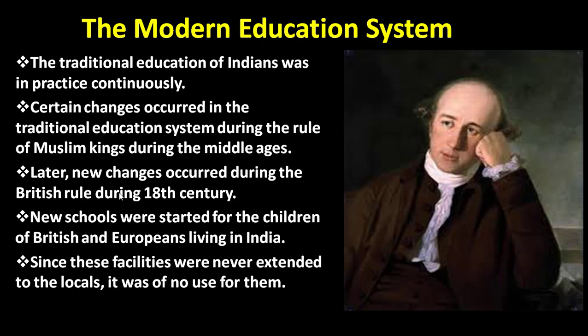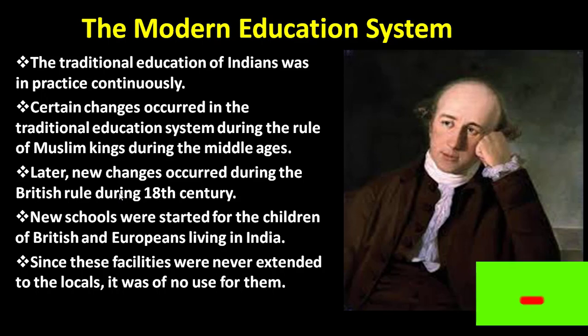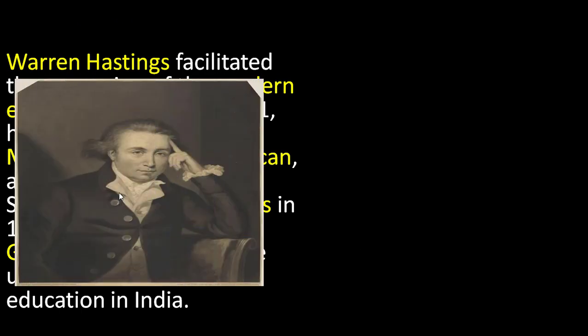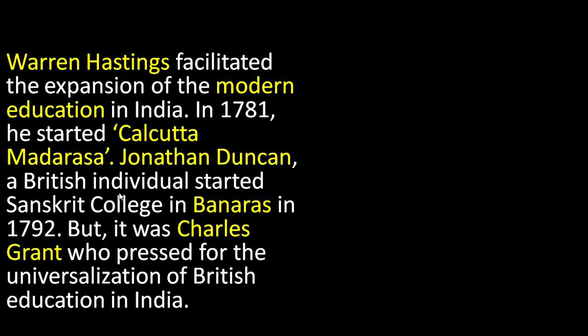New schools were started for the children of British and Europeans living in India, since these facilities were never extended to the locals. It was of no use to them. Among that, Warren Hastings facilitated the expansion of modern education in India in 1781.